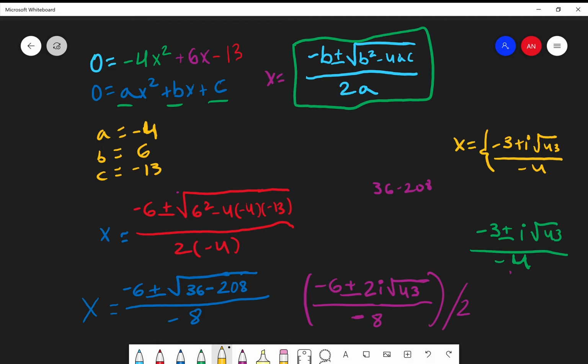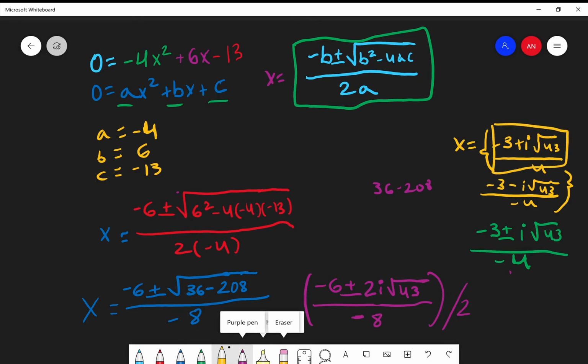And the other solution is minus 3 minus i root 43 over minus 4, as we saw from the plus or minus. So we can put that on a graph as the first value, comma 0, and then the second value, comma 0, the two roots.